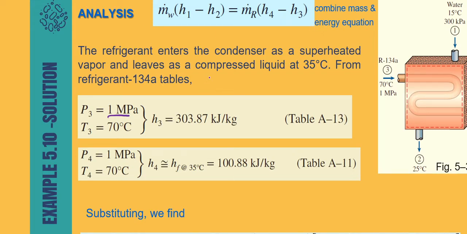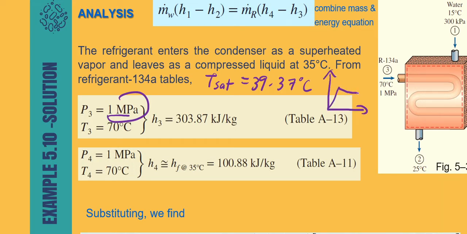The T saturated at 1 MPa for the refrigerant is 39.37 degrees C. If the temperature is greater than the saturation temperature, and your temperature now is 70, then at this state it is a superheated vapor. So you need to refer to the superheated vapor table A3 to find the value of h3.